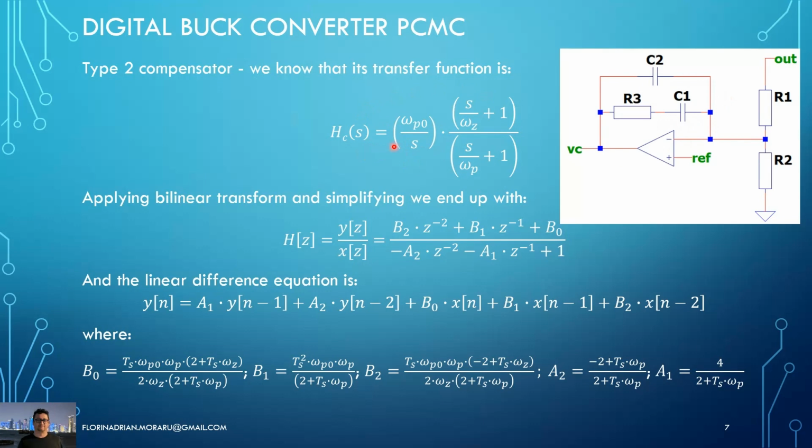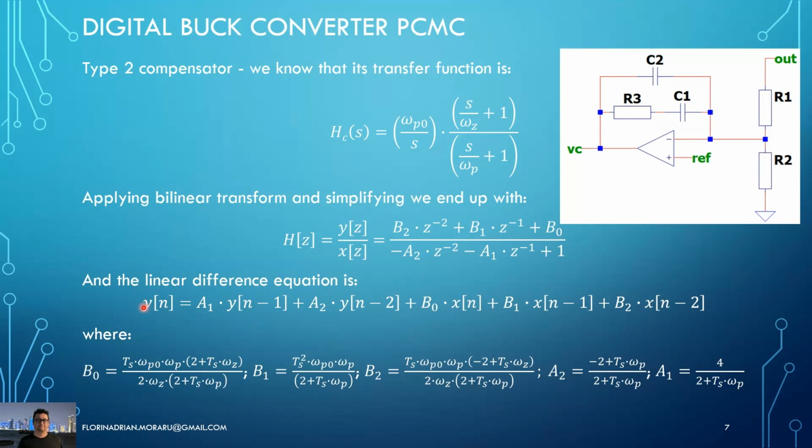And then, as we did for the digital buck with voltage mode control, we will apply the bilinear transform, replacing the Laplace operator with a Tustin approximation, and then we will get this discrete H of z transfer function in this form.